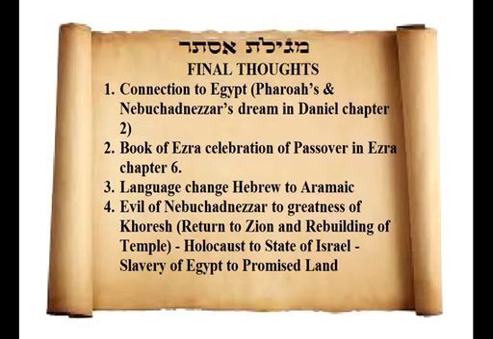The evil of Nebuchadnezzar to the greatness of Choresh, with the return to Zion, the rebuilding of the temple, and its parallels from the Holocaust to the creation of the state of Israel, from the slavery of Egypt to the entrance to the promised land. We have our ups and we have our downs, and we must stay steadfast to Judaism, to Israel, and to the Jewish people.